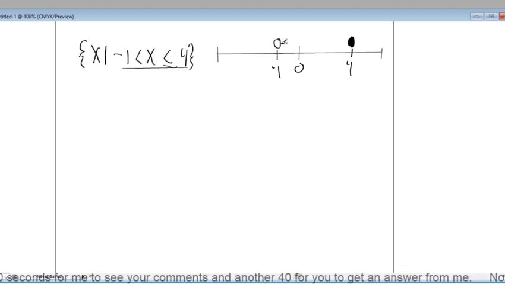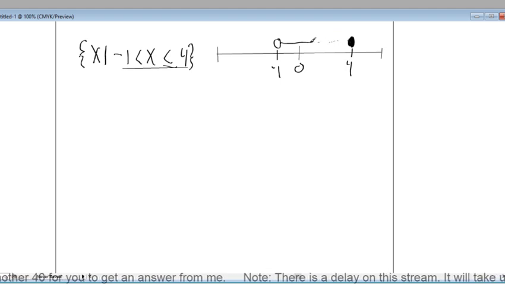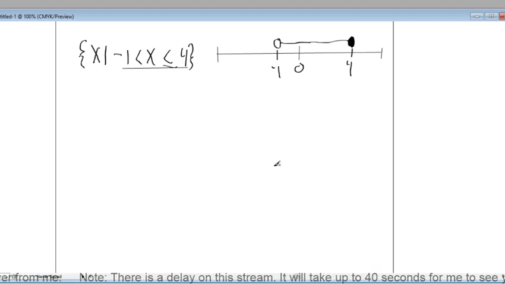So all the numbers bigger than -1 are over here. Well, also this says x is less than or equal to 4. And all the numbers that are less than 4 are over here. So it ends up that we get this line that goes between these two points. And there is our graph.